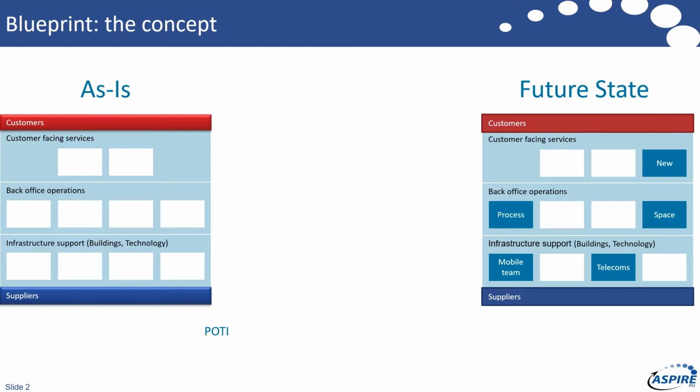So in this scenario we're looking at putting in new customer facing processes perhaps. Now that could be a new call center, it could be a portal, it could be online services. We want to create a new interface with them. And to do that, we've got to recognize we need new processes. We don't just switch from being face-to-face to virtual without other things. And if we do this, it's going to affect our space. We're going to need different building infrastructures.